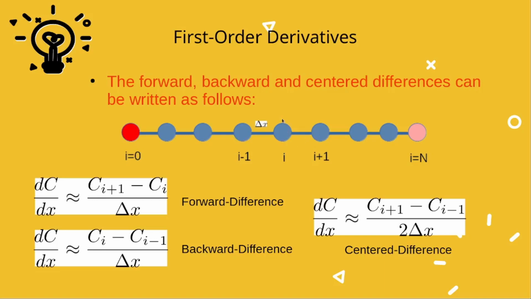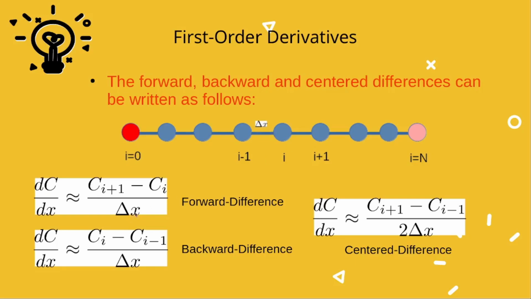So we want to know the derivative at this location I, and we write this either in terms of these two nodes, or these two. The forward difference, the slope or the dC/dx, is approximated as C of I plus 1 minus C of I divided by delta x, where C is our variable for which we are solving the differential equation, and delta x is a known value.